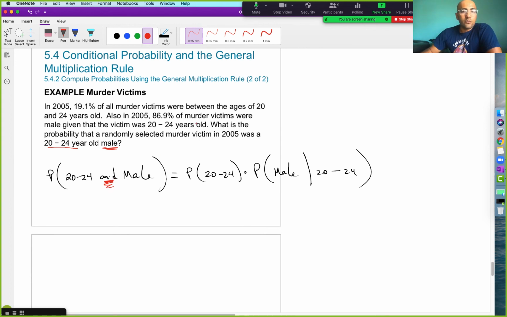So according to my property, this is like E and this is F. It's getting really messy, so I'll put it over here.